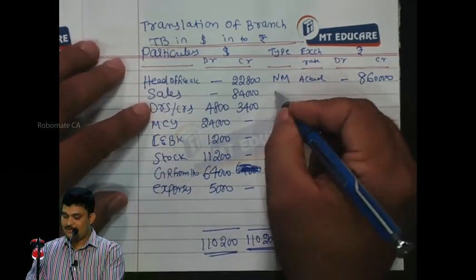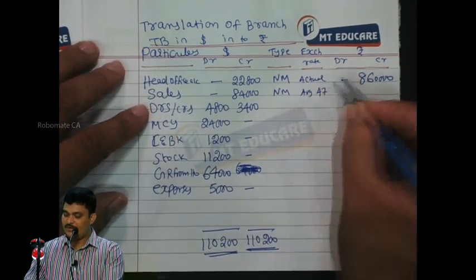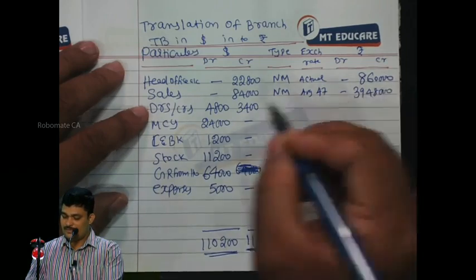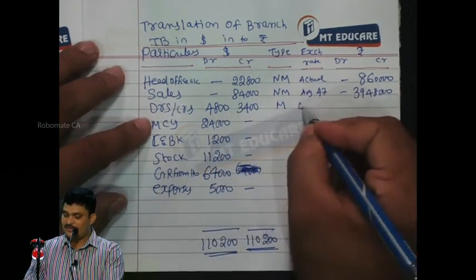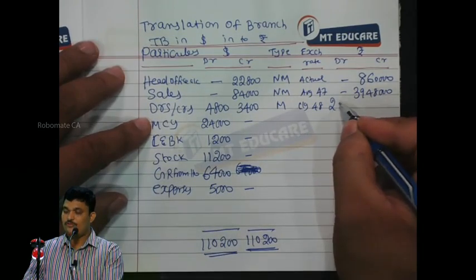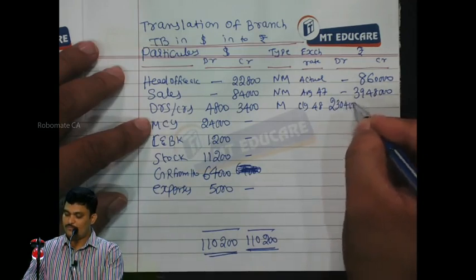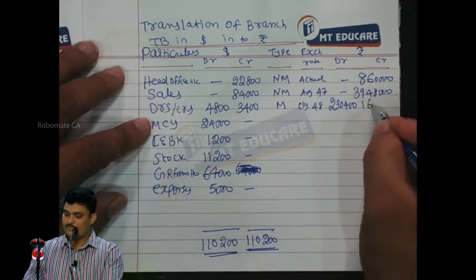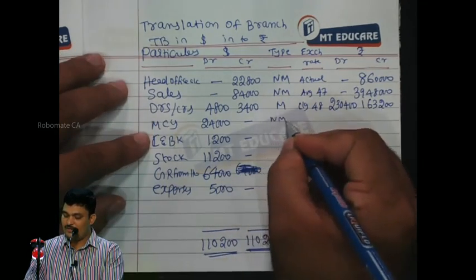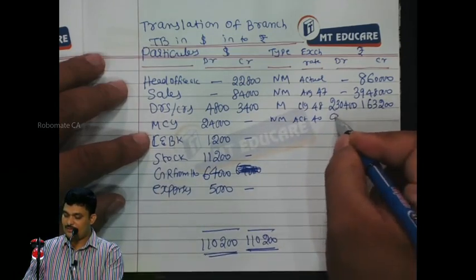Then sales, non-monetary average 40. Okay. Debtors, creditors, monetary closing 48. 2 lakh 30. Very good. Machinery, non-monetary actual 40. 9 lakh.